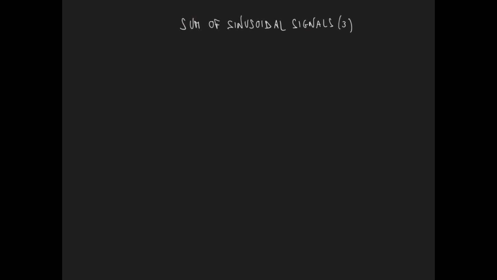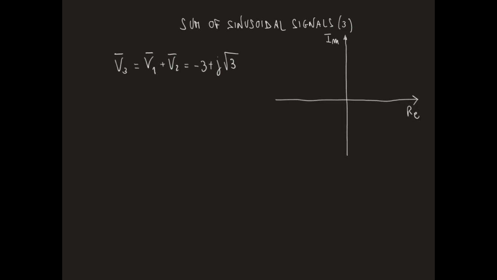So we found that V3 bar, equal to V1 bar plus V2 bar, is given by minus 3 plus j the square root of 3. We can now represent this complex number in the complex plane. The phasor V3 bar can actually be seen as the sum of the phasor V1 bar and the phasor V2 bar in the complex plane.